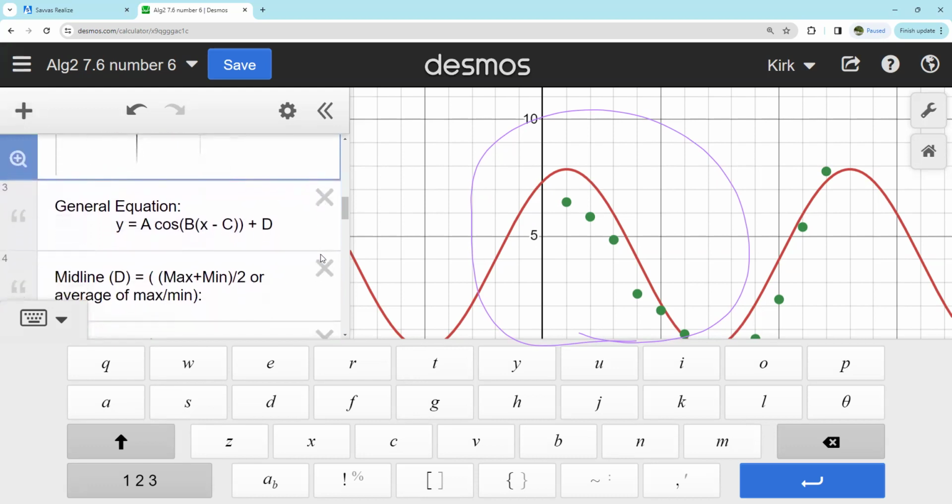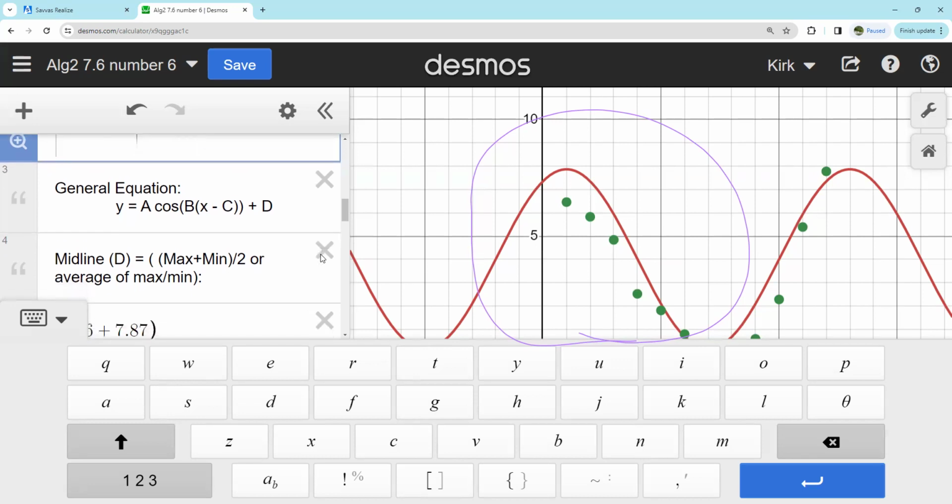For the general equation that we just saw, they're in the form A, the amplitude; B is the frequency, how many times the cycle completes in the normal 2 pi; C, your phase shift to the left and right, or horizontal transformation; and D, your midline, or sometimes I call that sinusoidal axis. A few more syllables there.